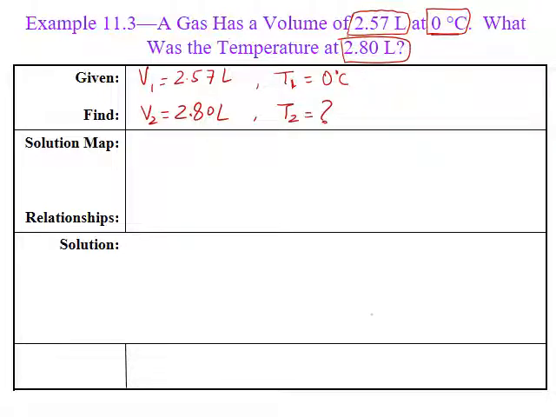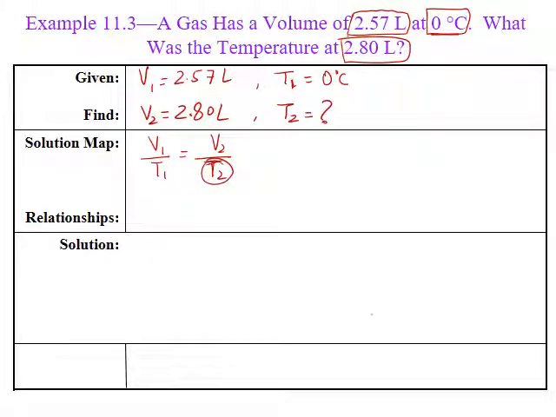All right. Nothing has been said about pressure or the amount of the gas, so we'll assume those are constant. The relationship here is between volume and temperature. The law that dictates this is Charles' law, which is V1 over T1 equals V2 over T2. Here I'm solving for T2, so we'll rearrange the equation.